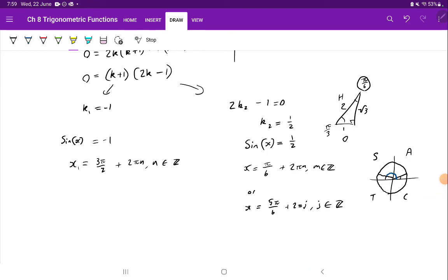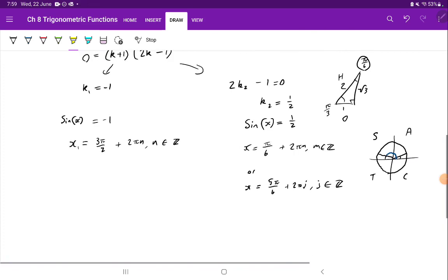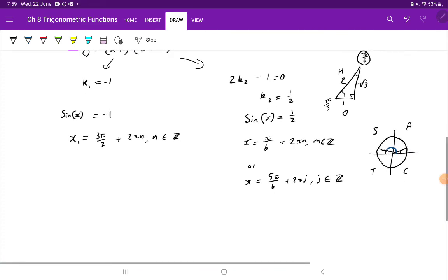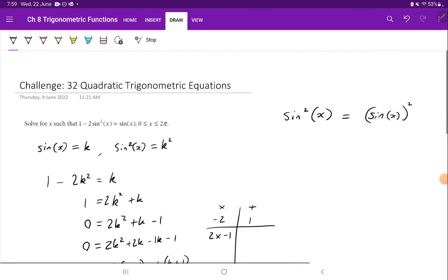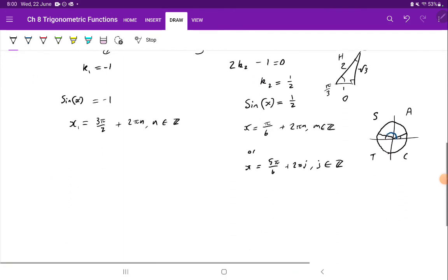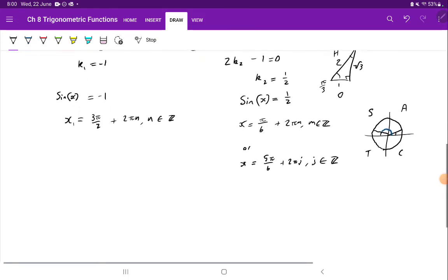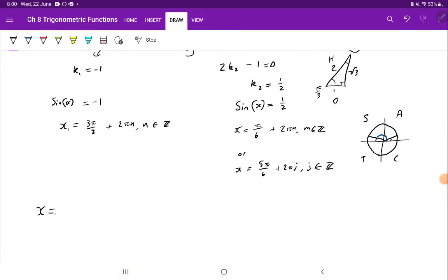So in this case, I don't have to worry about any of the 2 pi n's or m's or j's, but that is only because of the domain I've been given. If I had a bigger domain, I'd have lots more solutions. So x is equal to 3 pi on 2, or x is equal to pi on 6, or x is equal to 5 pi on 6. And those are my 3 solutions that are within this region.